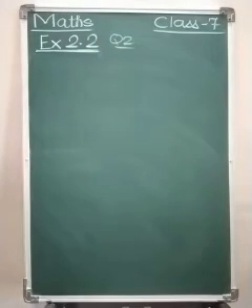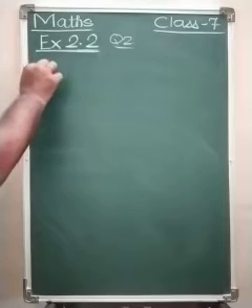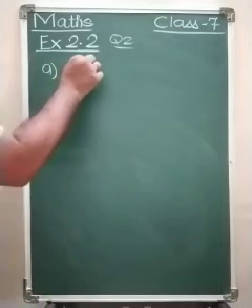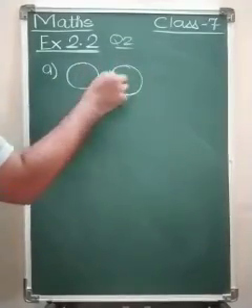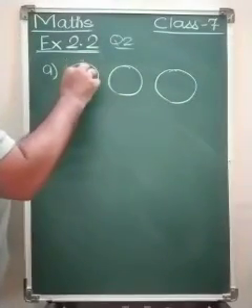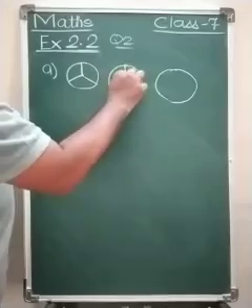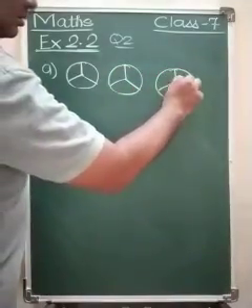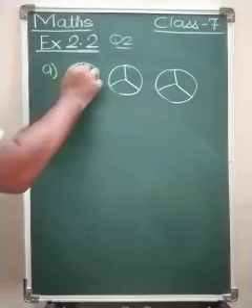Question number 2 is also of the same kind. The only thing is that we will take the first figure, the A figure. Again, the A figure is of the same kind. 3 circles are given, and only one part has been shaded.